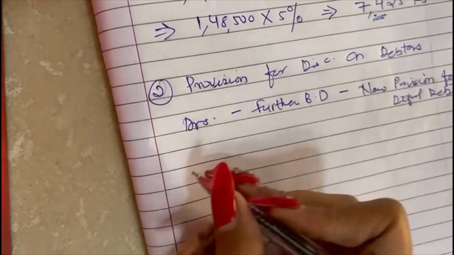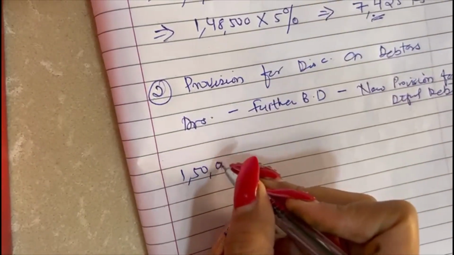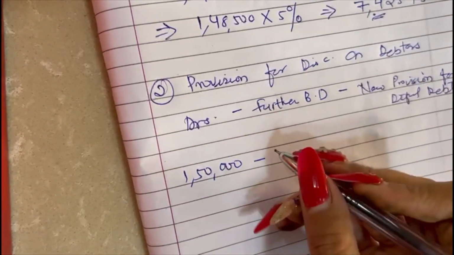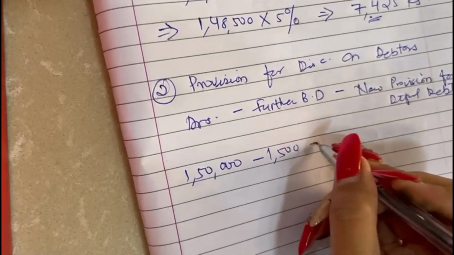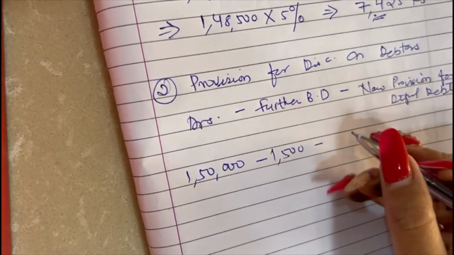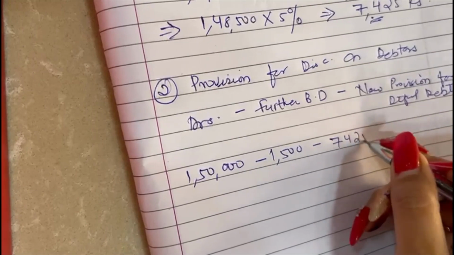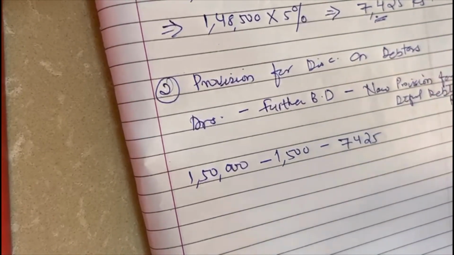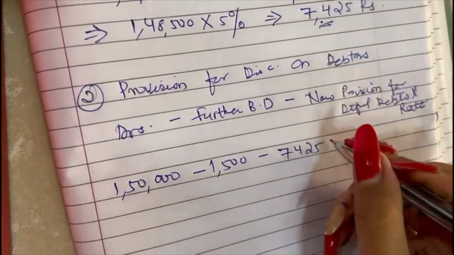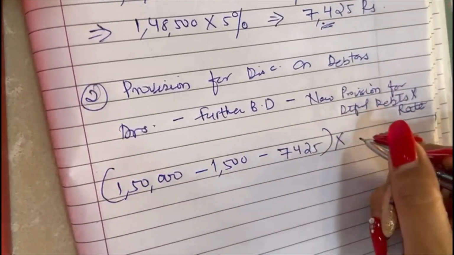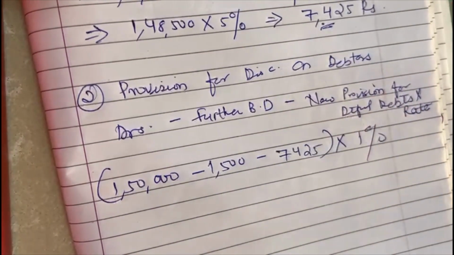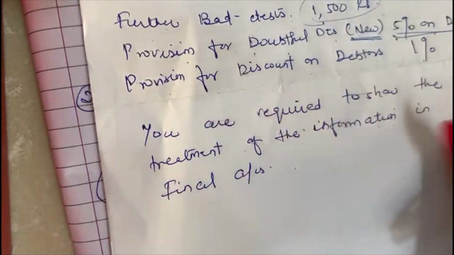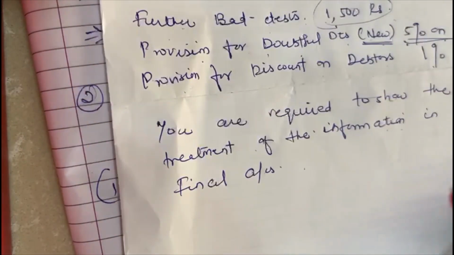Now debtors given is 1,50,000, further bad debts 1,500, new provision for doubtful debts 7,425 and इसके बाद you need to multiply it with the rate given in the question into 1% because हमें question में given है provision for discount on debtors 1%.